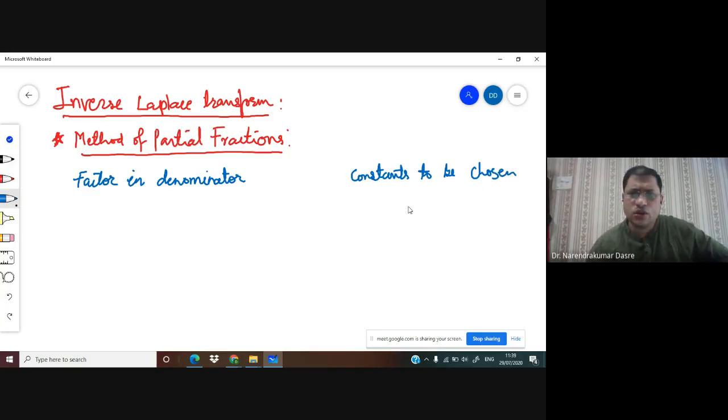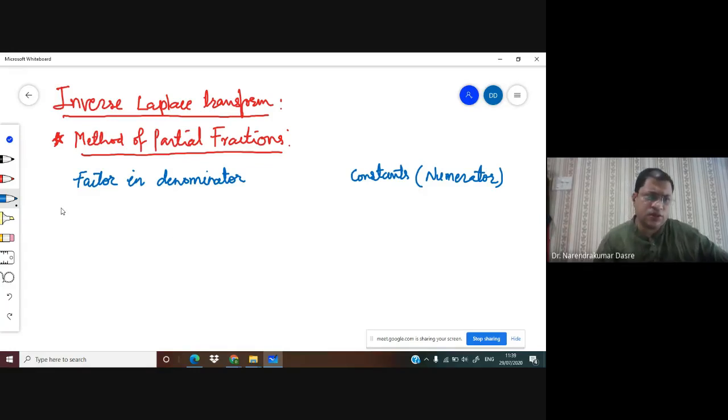How do we choose the constants? You can have a constant term or a polynomial term, which will be the numerator actually. So how are we going to choose the numerator?